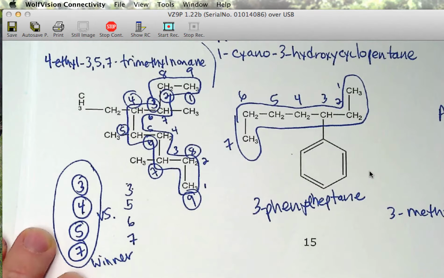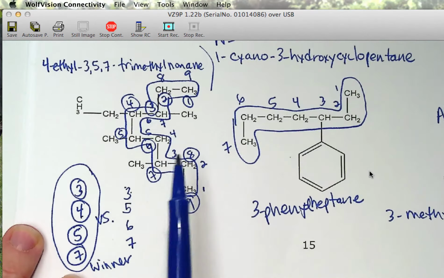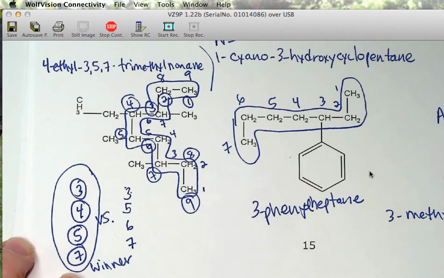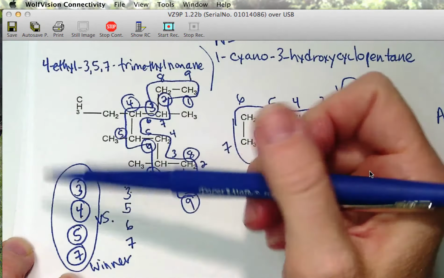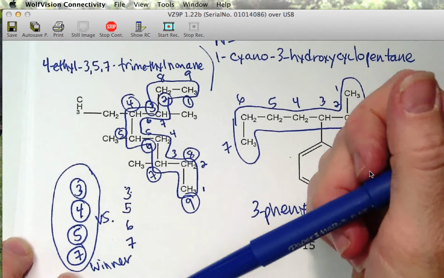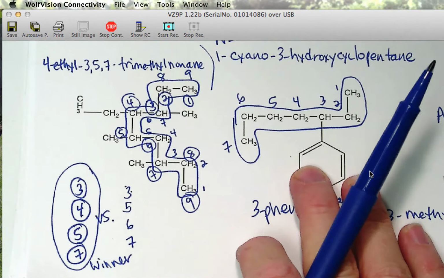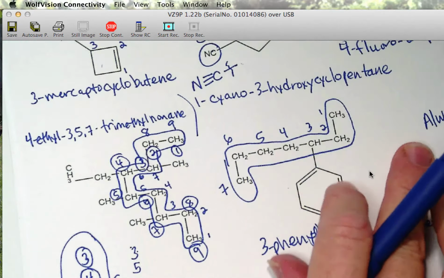But if you ever get into a situation like this, definitely going through and figuring out the first point of difference is needed. But I agree, it does take a lot of time, so I wouldn't recommend doing this for all of them.